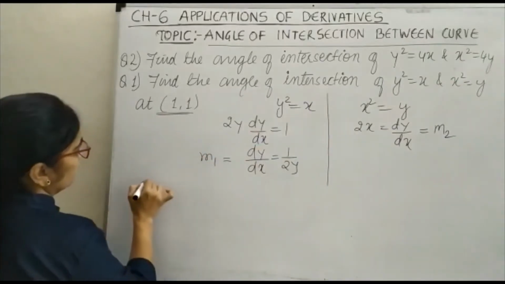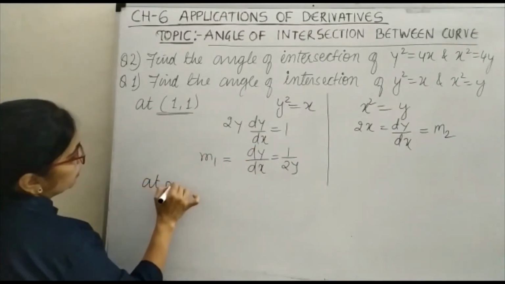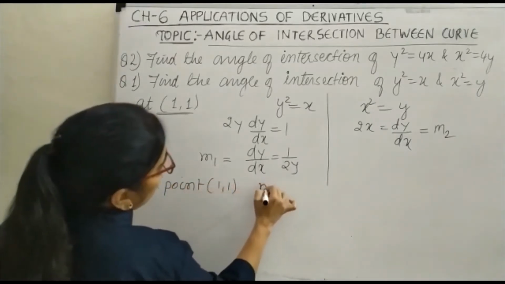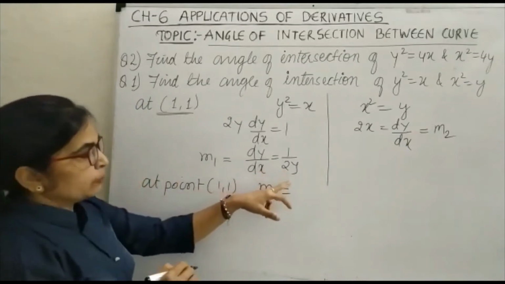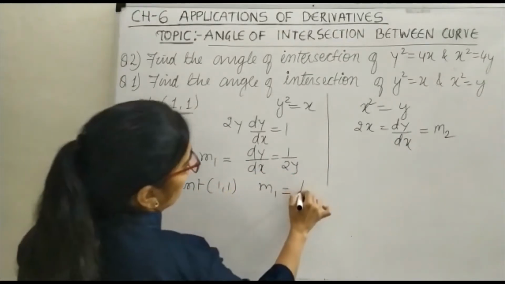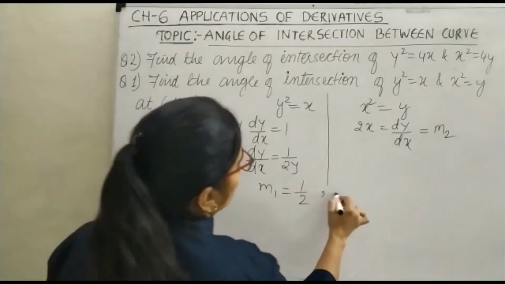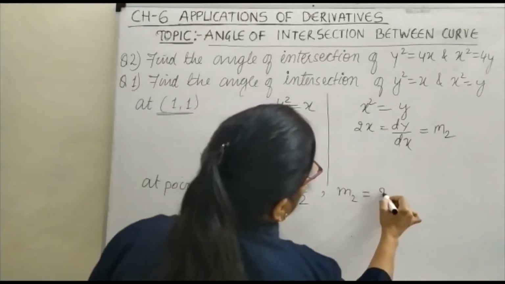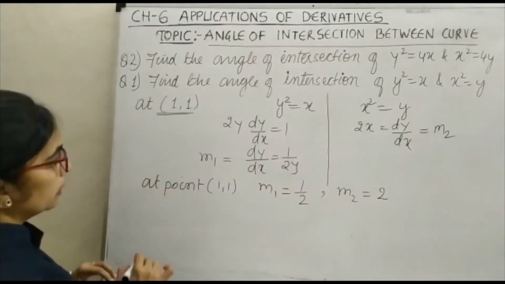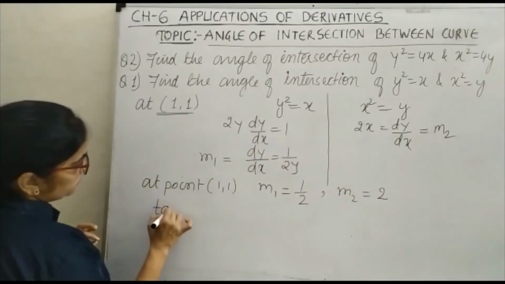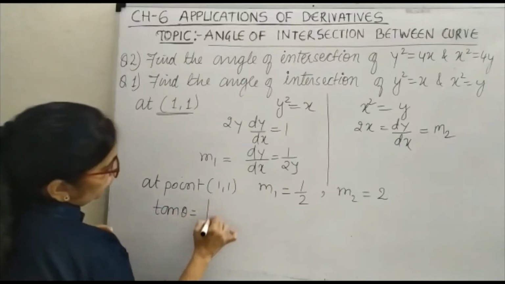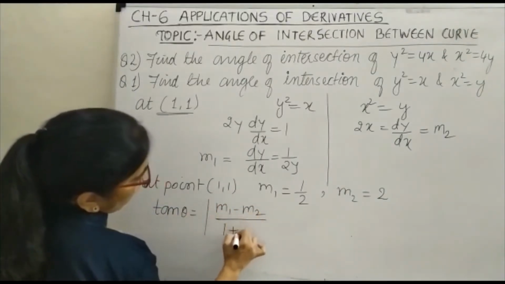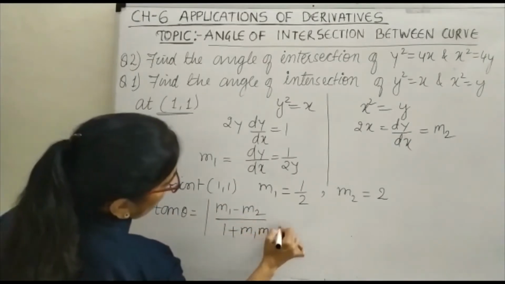So at point 1, 1, m1 becomes, keeping y value 1, half, and for m2, if you keep the value of x as 1, it becomes 2. Now tan theta is equal to (m1 minus m2) upon (1 plus m1 m2).